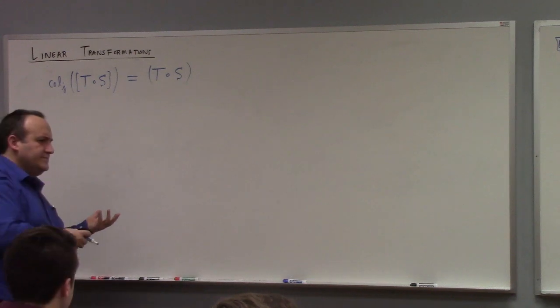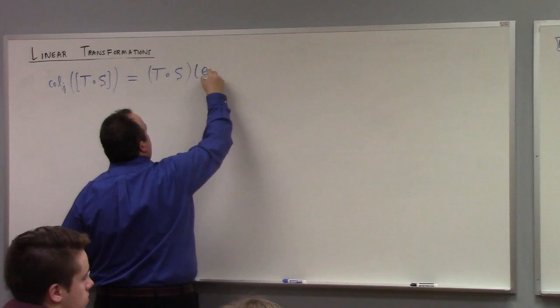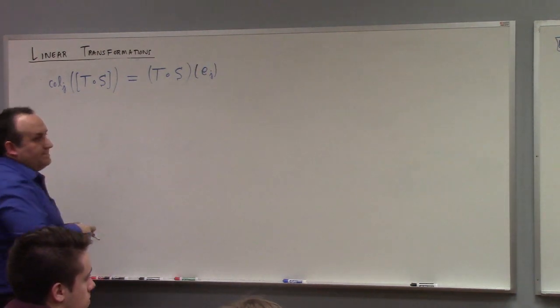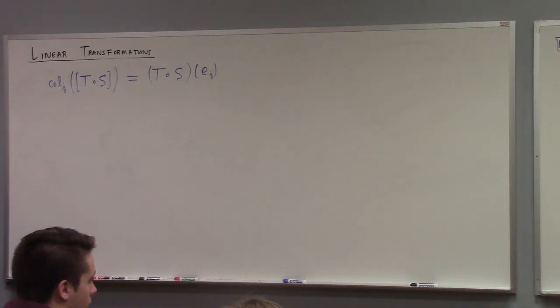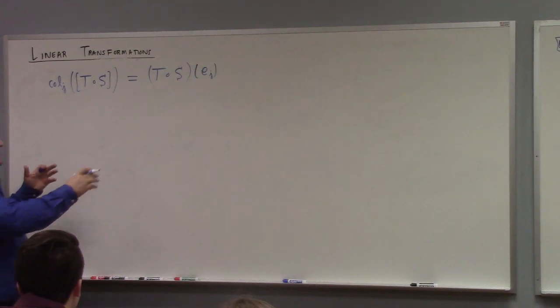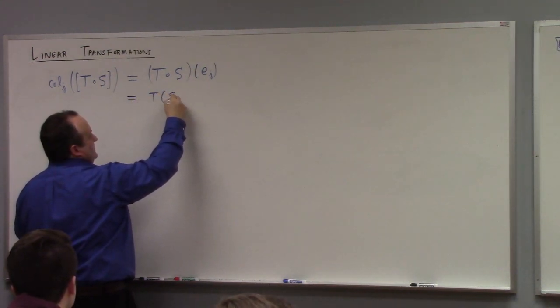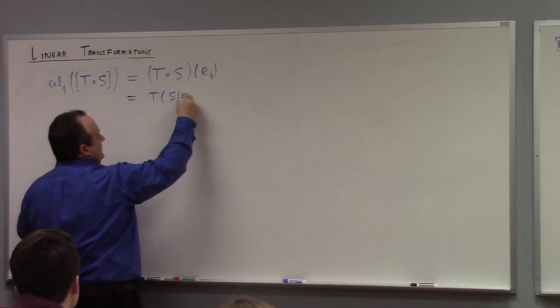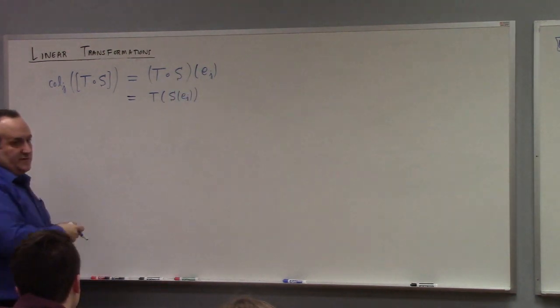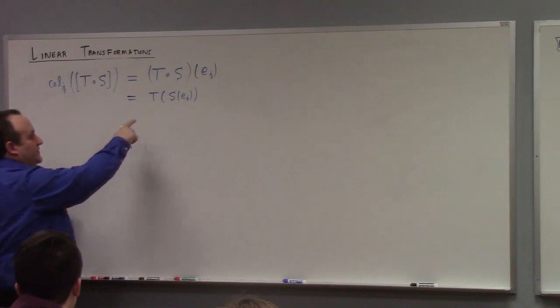This is the definition of standard matrix, actually. So what is the definition of composite, though? This is T of S of ej, by definition of composition of functions. Okay, but how does this work?